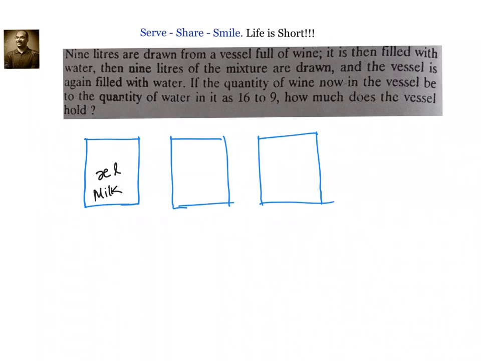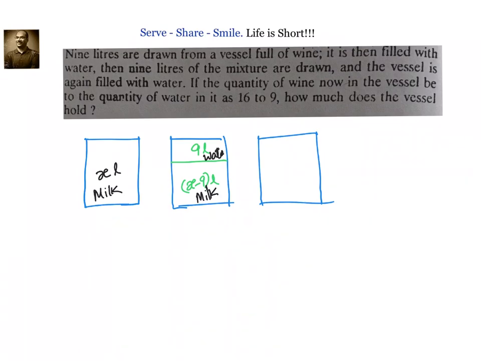Now what happened? 9 liters of milk is removed. That means this is 9 liters and here X minus 9 liters. Now we have X minus 9 liters of milk and 9 liters of water.